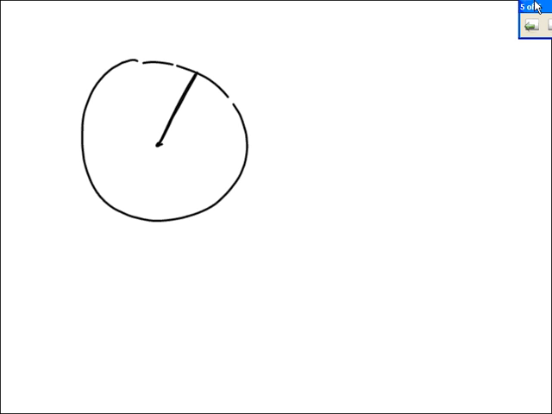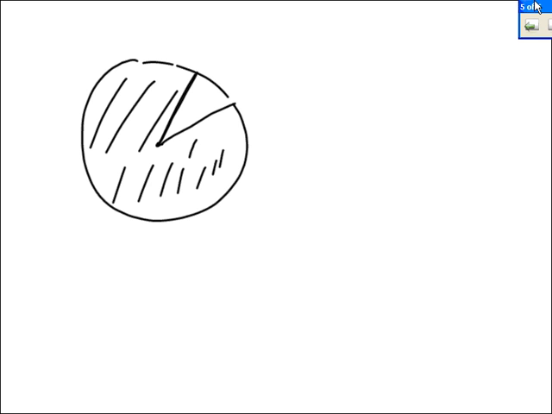Puts a cut here, and puts a cut here. Well, this leaves two pieces of pie. It leaves this big piece, and it leaves this little piece.